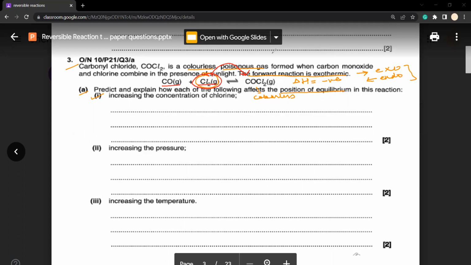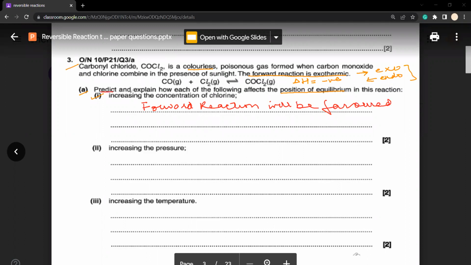So what are we supposed to write down here? First of all, we write the prediction. We predict that the reaction will go in the forward direction, or the forward reaction will be favored. Now, after that, we have to explain it.